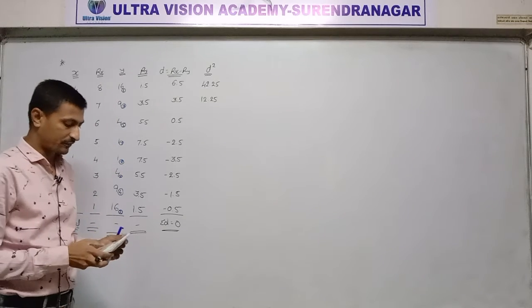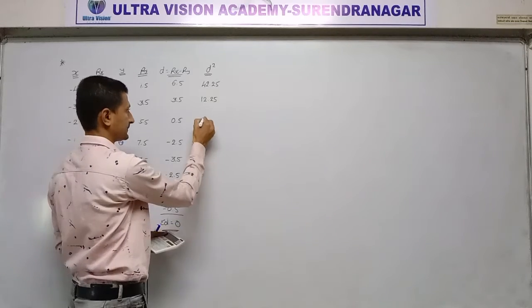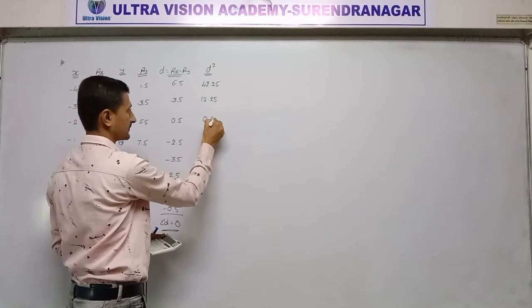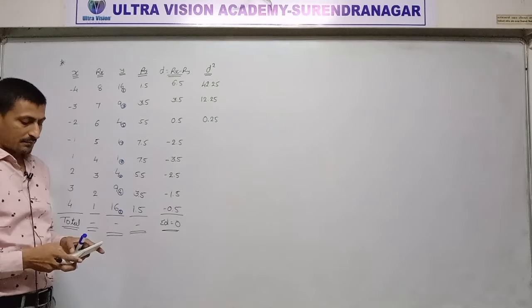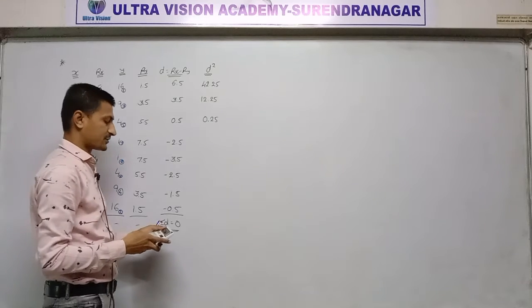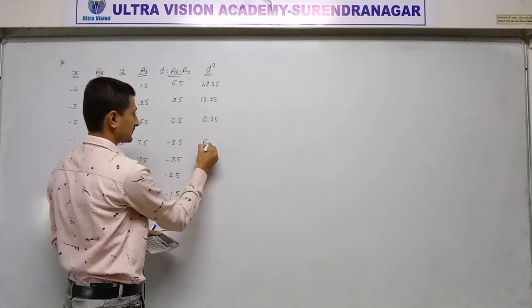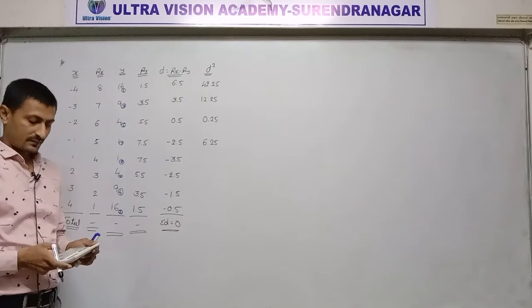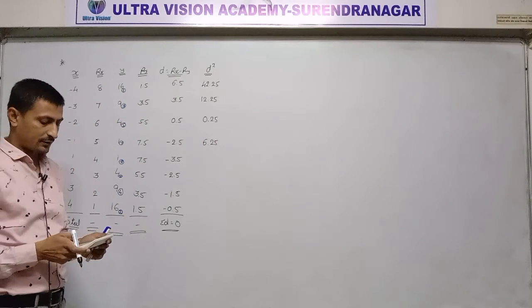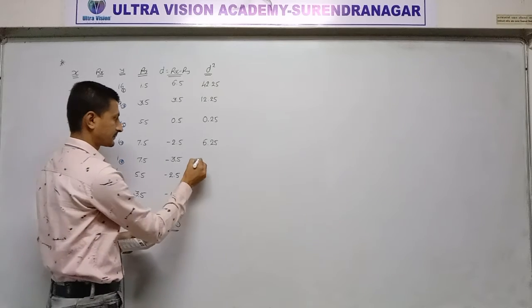Next, 0.5 into 0.5, 0.25. Minus 2.5 into minus 2.5, 6.25. Minus 3.5 into minus 3.5, 12.25.